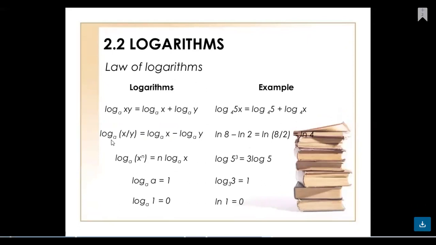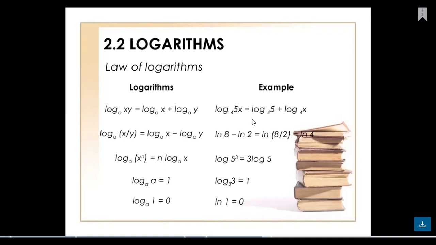Okay, so law of logarithms. log A XY is equal to log AX plus log AY. So parang dinidistribute natin or sineseparate natin yung X and Y, and then both variables will have log A. Ayan.